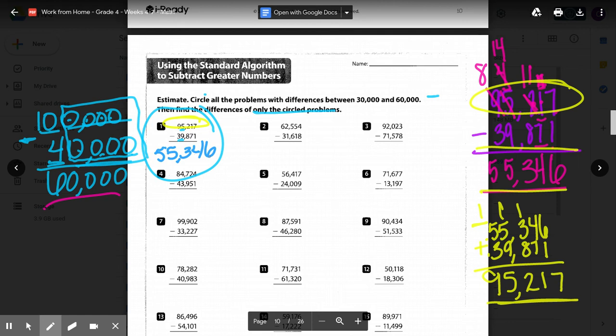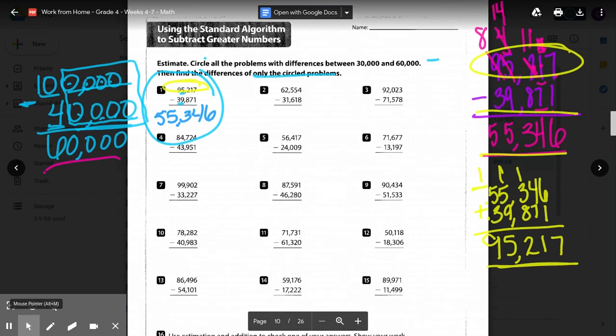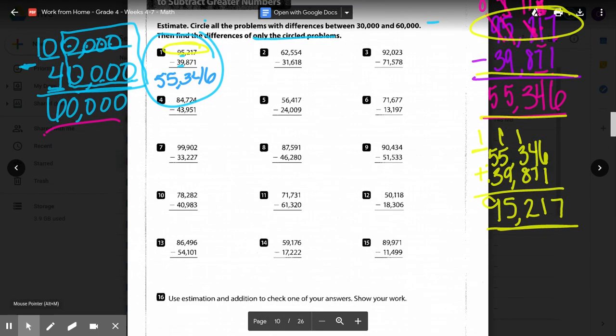So 2 through, I think, 15, you're going to do this exact same thing. You're going to see if you can estimate like we did over here. And then if it's between 30,000 and 60,000, you're going to find the difference with your standard algorithm. Remember, you only have to do the standard algorithm if you have circled it after you have estimated.